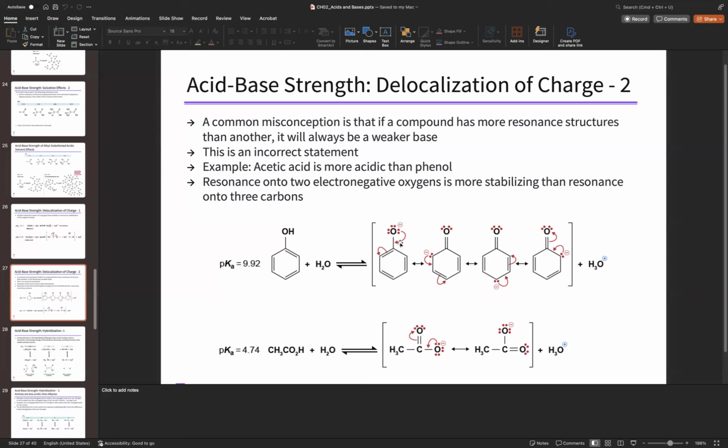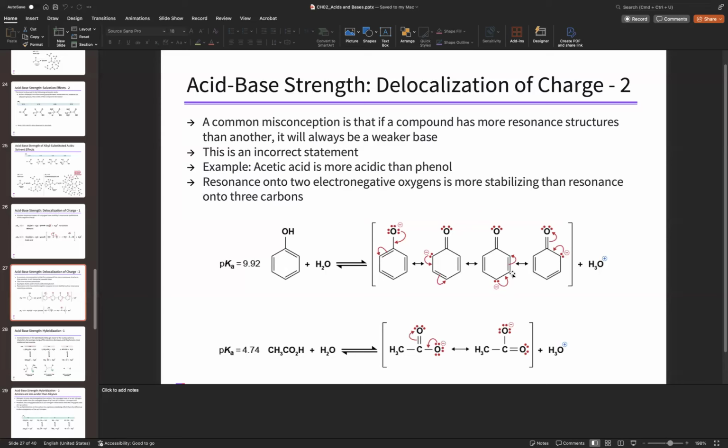Because in the first structure, this negative charge is being spread on carbons. Remember, when we are drawing resonance structures, we learned that we want to put the negative charge on the more electronegative atom, like oxygens or nitrogens or fluorines, not on any atom. And carbons are not that electronegative. They have an electronegativity of 2.5. They don't want a negative charge.